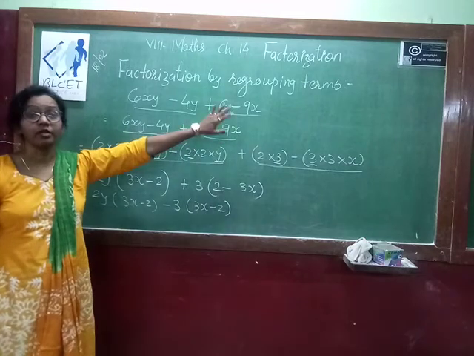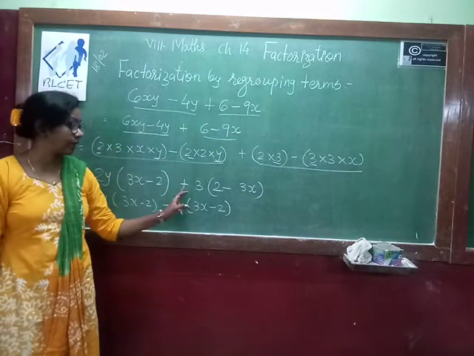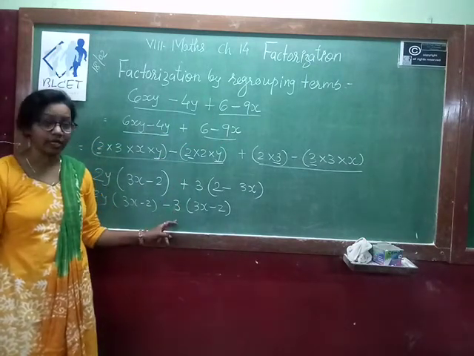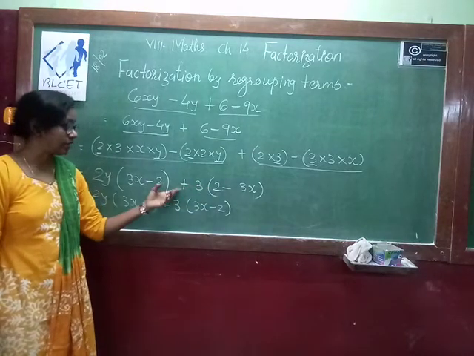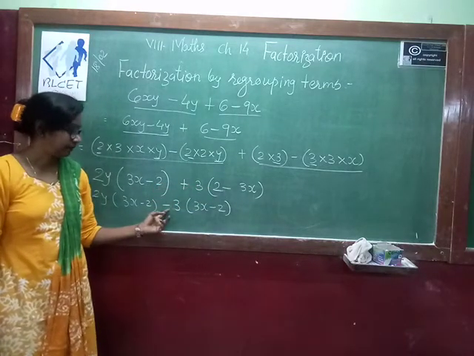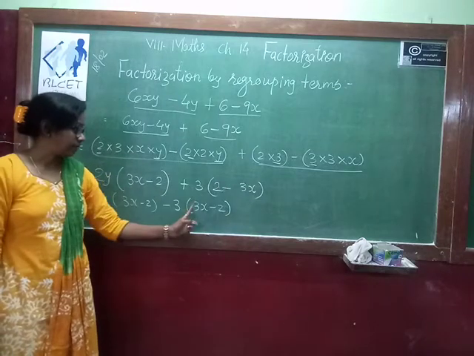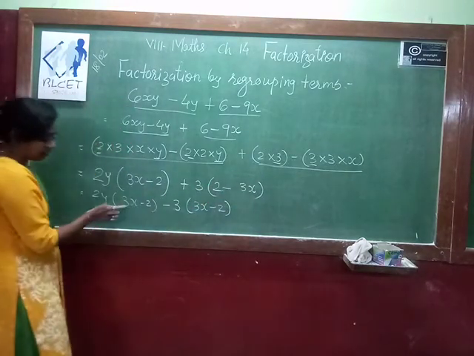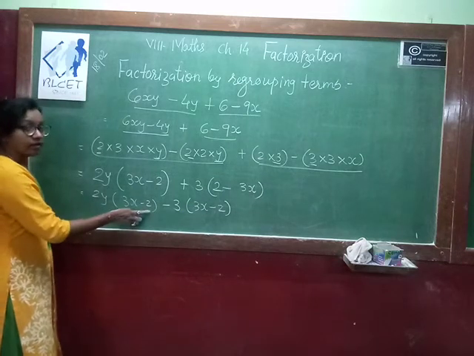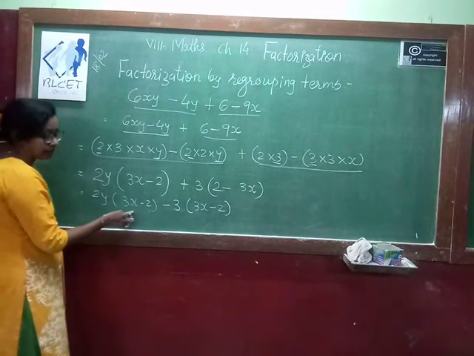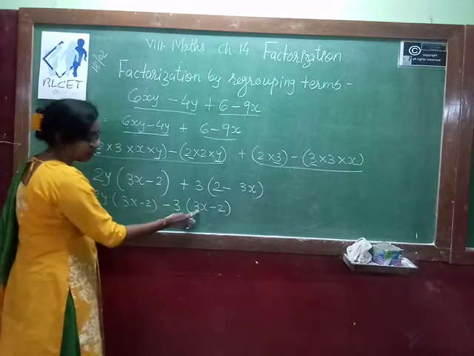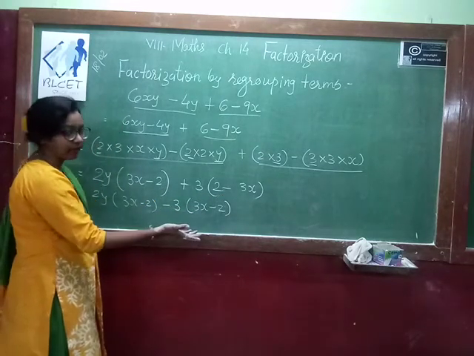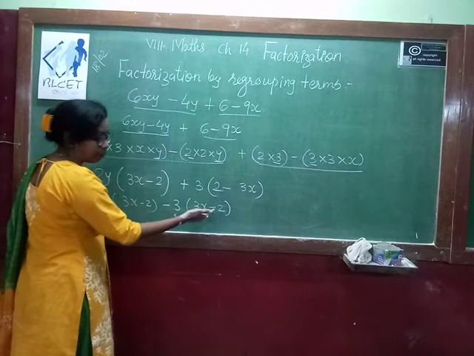The question will not change whether you do any kind of correction over here. We are taking the negative sign out, so this plus becomes minus, and this minus becomes plus, meaning you make the terms in such a way that they can be common with the other term. So minus 3x we have to make plus 3x, and plus 2 we have to make minus 2.